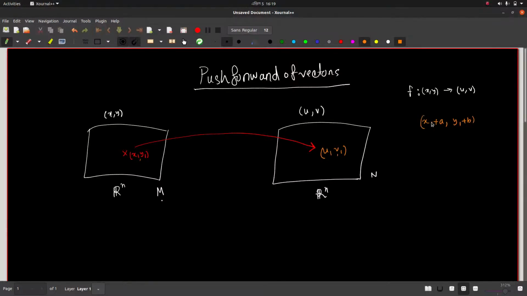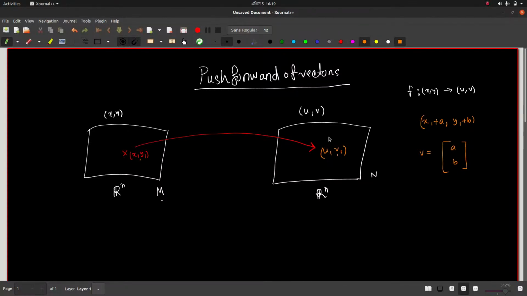And this can be thought of as moving along a vector v, which has two components, a and b, like this. Okay, so how does that change the picture that we have over N? This is where the concept of the push forward will come.